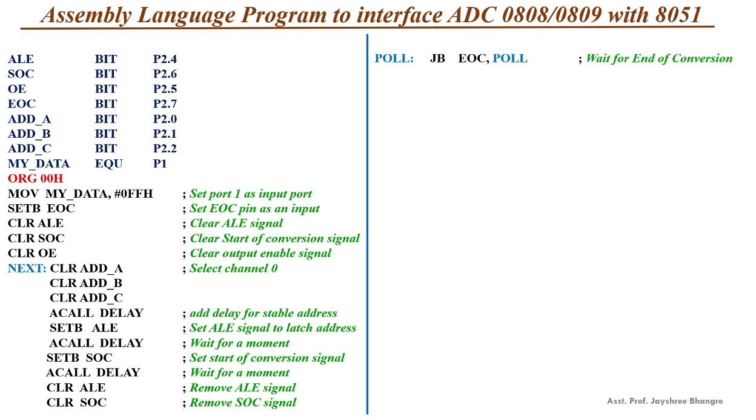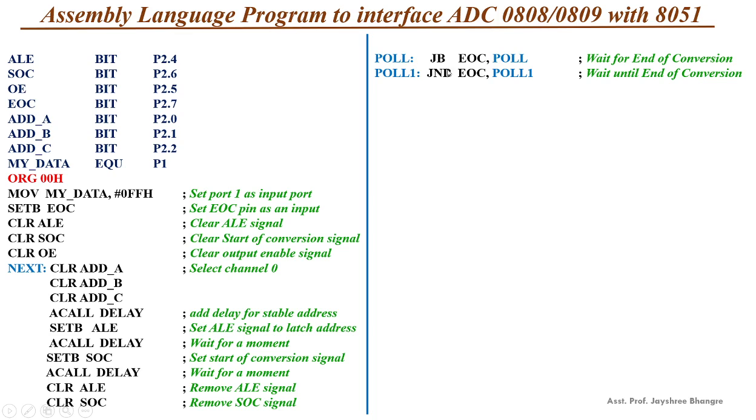After that, we have to monitor the EOC pin using the instruction jump if bit EOC. So wait for the end of conversion. Now jump if not bit EOC, wait until end of conversion.